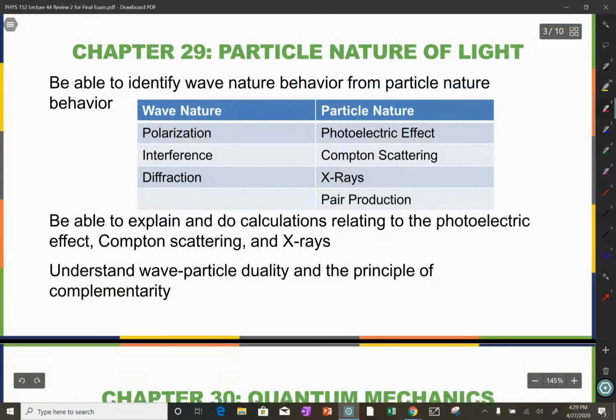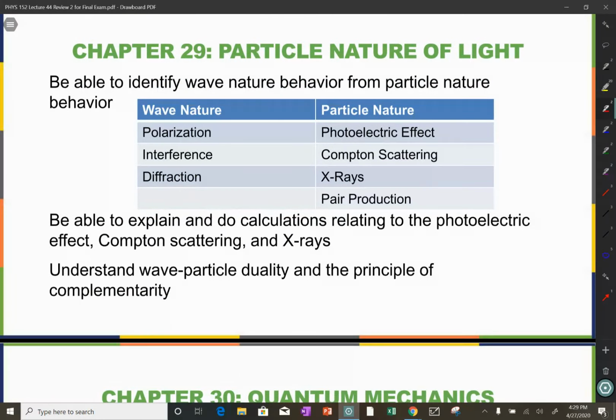Particle nature of light. Up through chapter 28, we had learned about the wave nature of light. We learned about Thomas Young getting his Nobel Prize for showing the light had to behave as a wave. And so we have a couple different things here that light has to be a wave to do these things. And polarization has to be a transverse wave. But now we have particle effect things that say light has to be a particle.